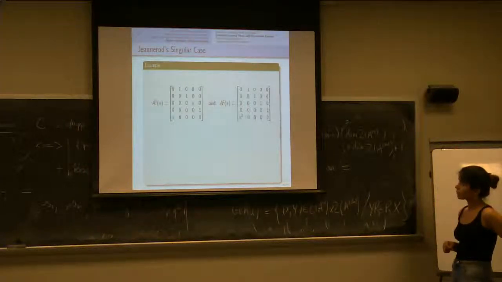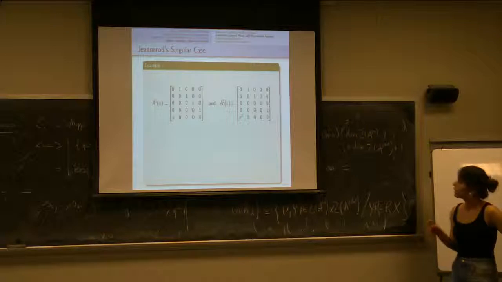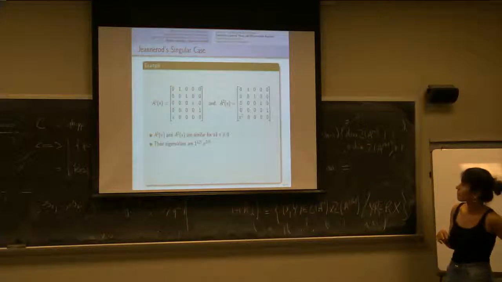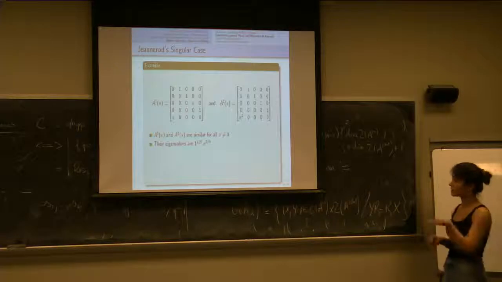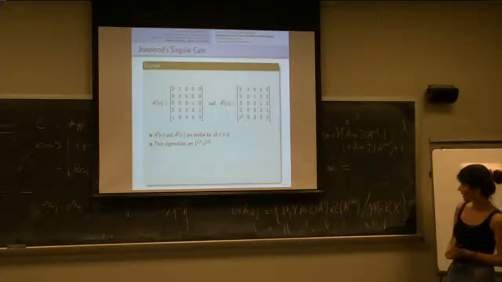However, in the work of Junho, a singular case is still left, which is the case when we have, for example, this example, where upon computation you can find that A1 has a minimal cyclic characteristics.